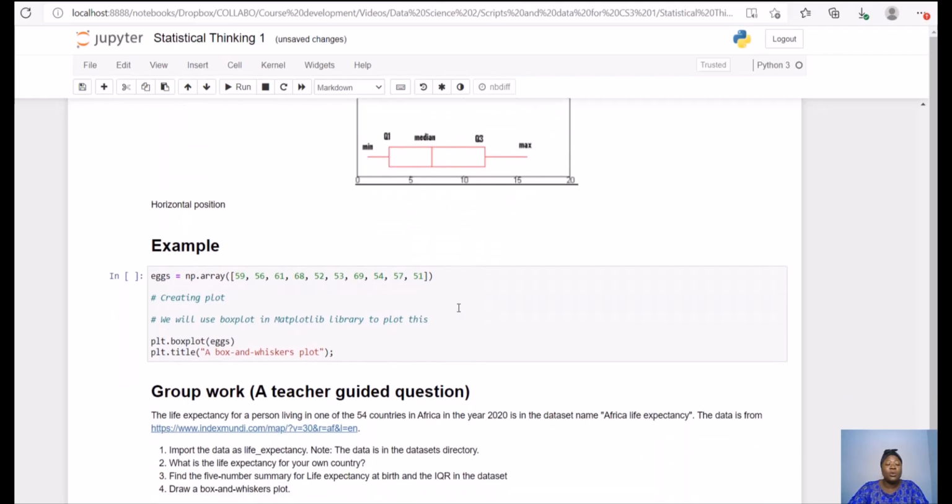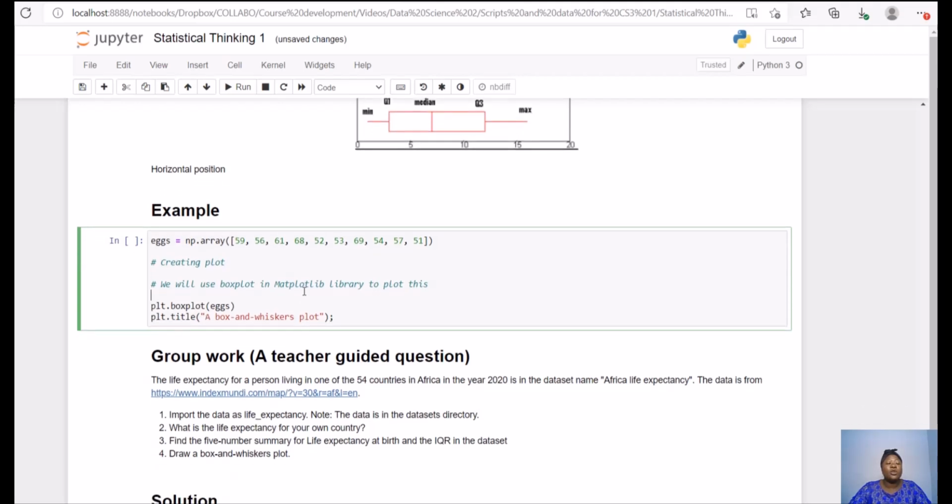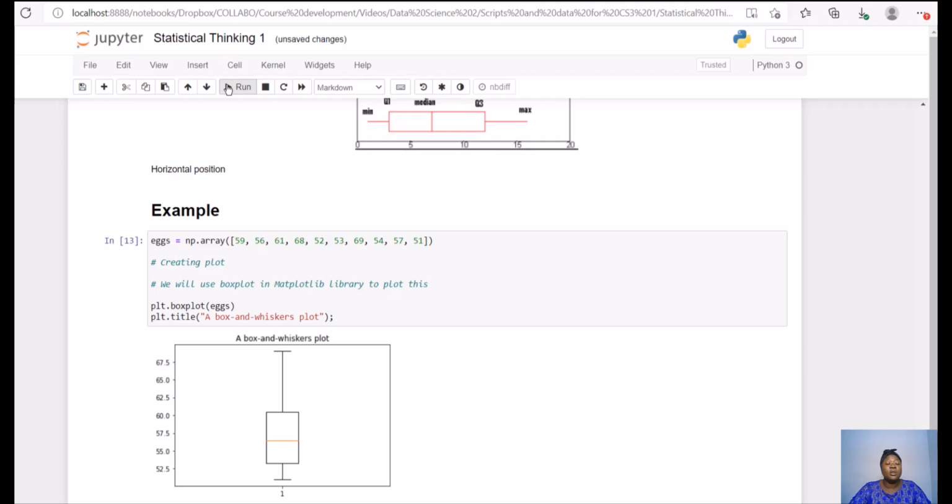So an example that we are going to talk about is still our egg problem that we created earlier, and we now try to draw a box plot of egg, and we title it a box and whisker plot for the eggs. So let us try to run this.